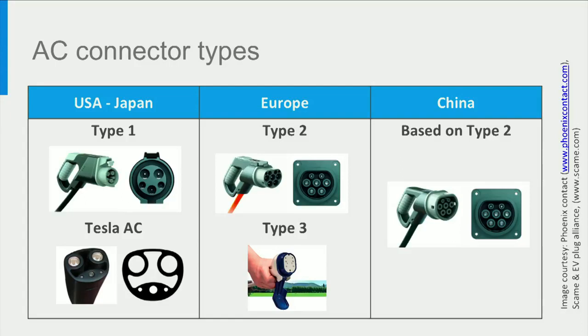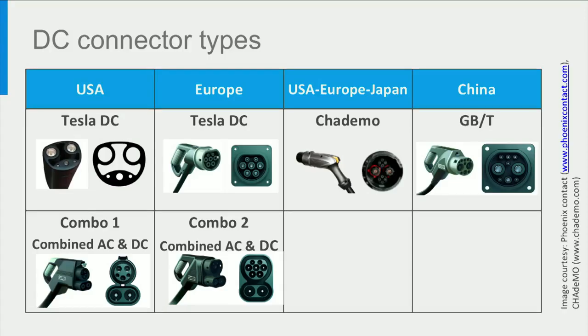and 400-volt three-phase connections. In terms of DC charging, the CHAdeMO Type 4 connector is used by Japanese car manufacturers globally, while the American and European car manufacturers have adopted a combined AC-DC connector called the Combined Charging System, or Combo.